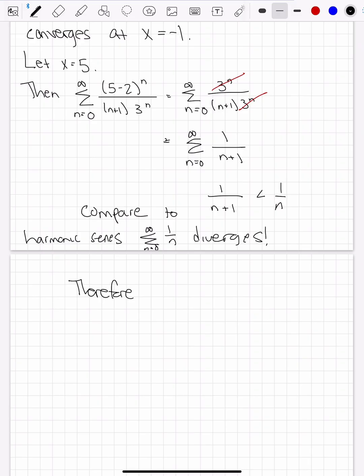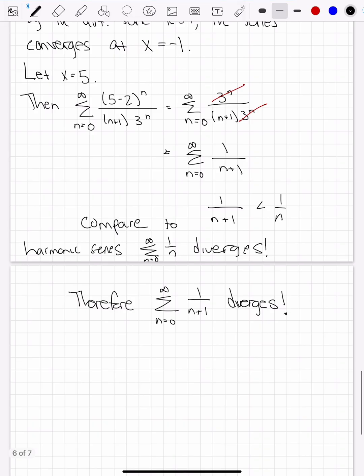Therefore that series, the sum from 0 to infinity of 1 over n plus 1, diverges. So we don't get to include x equals 5.